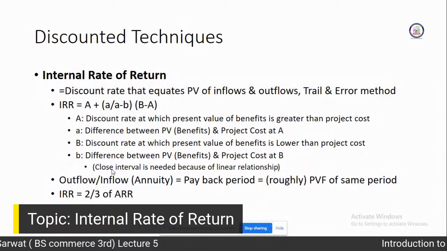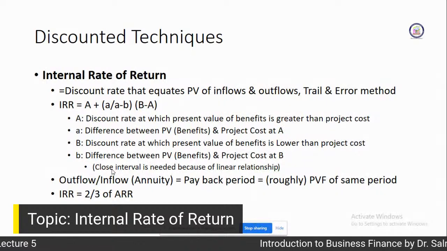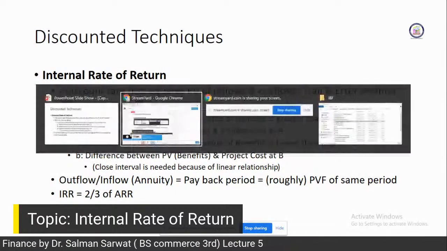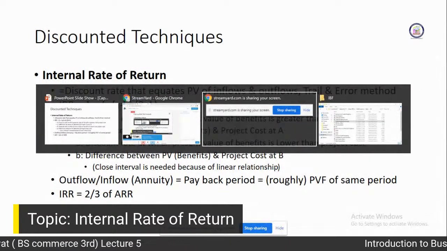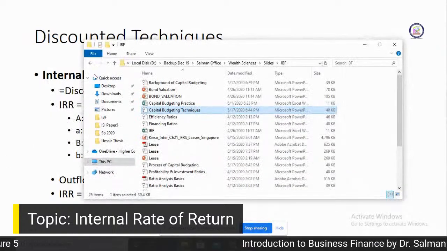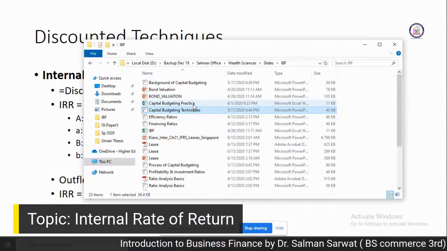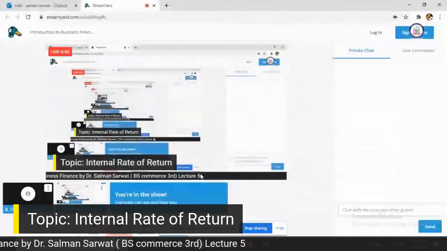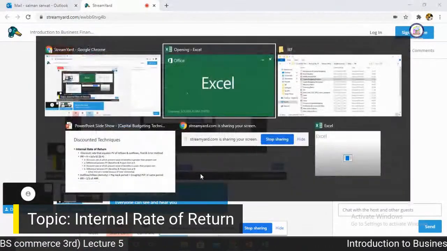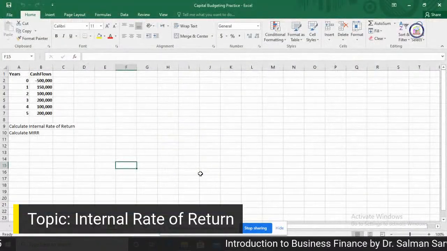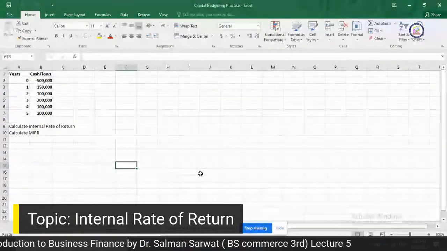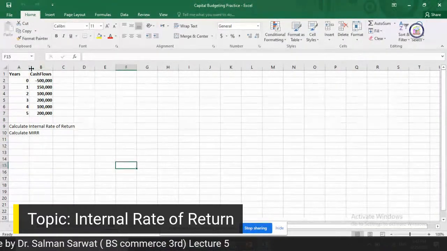I hope that example will be helpful to you to understand how to calculate internal rate of return. Let's suppose there is a cash flow.